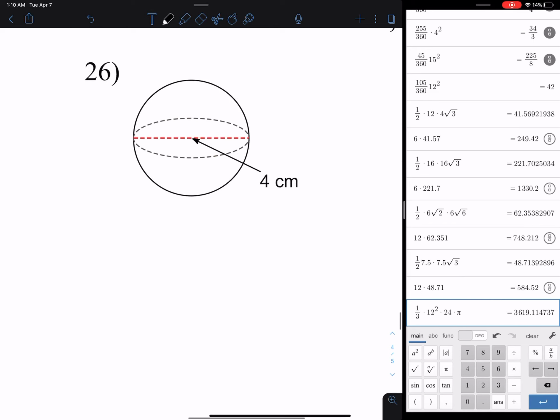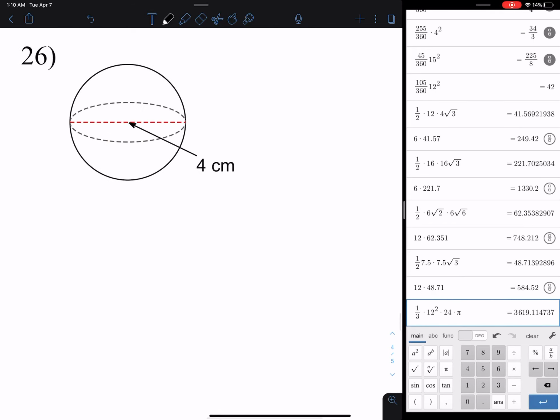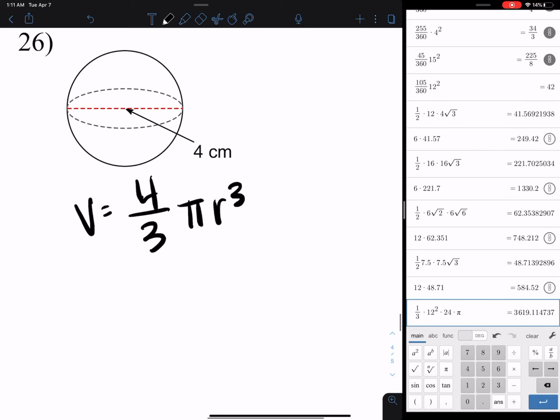Okay, the next one is 26. So on here, the volume, this is a sphere. So volume of a sphere is 4/3 pi r cubed. This gives us the diameter, but the radius would be 2. So the volume here is 4/3 pi 2 cubed.